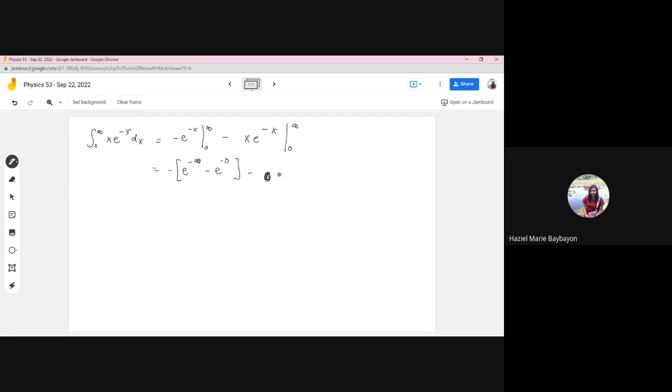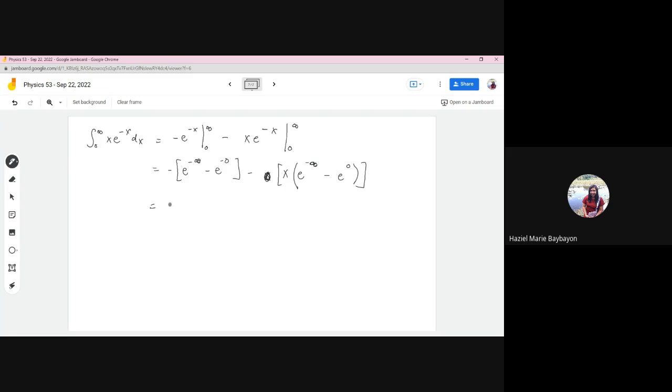Infinity. Tama ba? No? Ang x dire kaya ito pa siyang ilisan og infinity og 0. So, x multiplied by, makabalo ma-evaluate ani, e to the negative infinity minus e to the 0. So, unahon lang sa na to class.